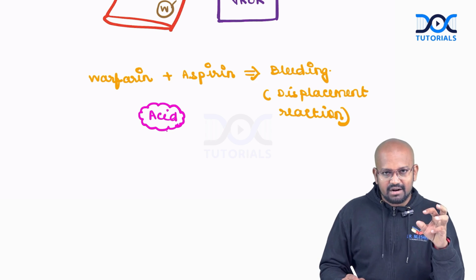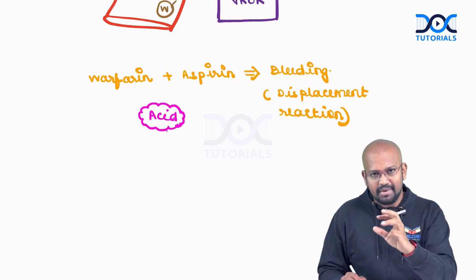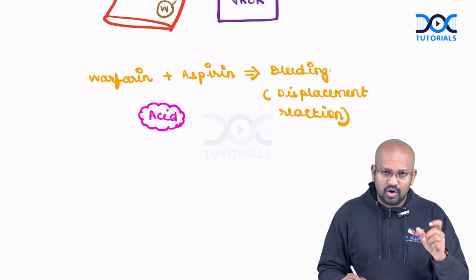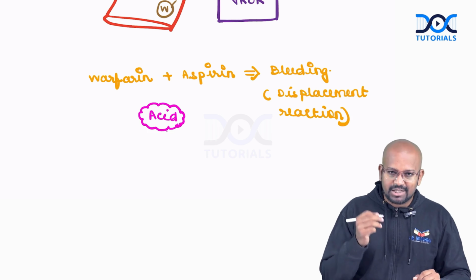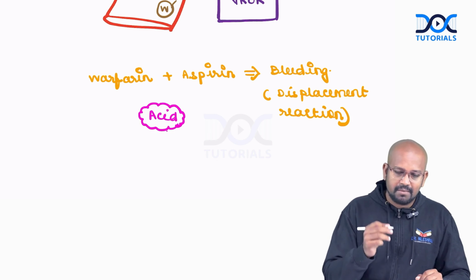And why will an acidic drug always be displaced only by an acidic drug? A basic drug will always be displaced only by a basic drug. It's simply based on the plasma proteins to which those molecules bind.